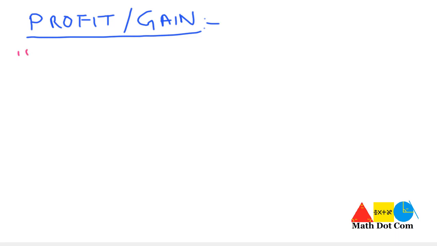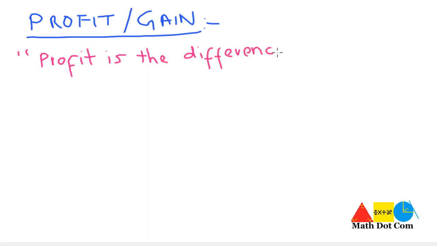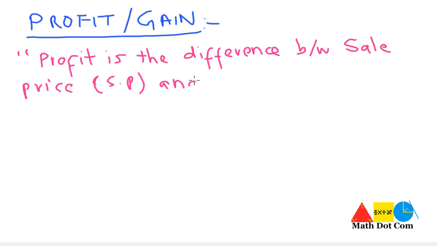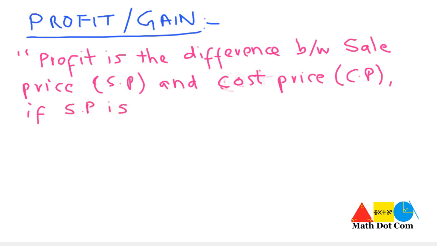Profit is the difference between sale price and cost price, if sale price is greater than cost price.